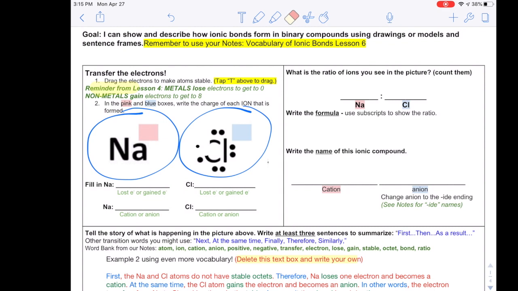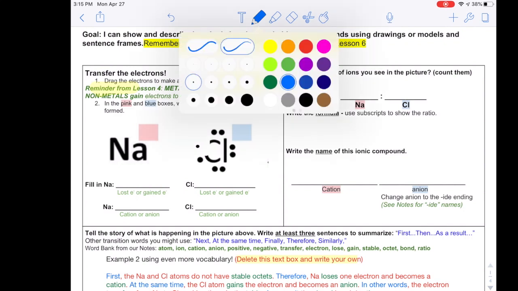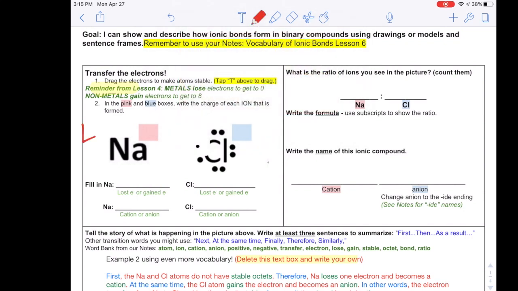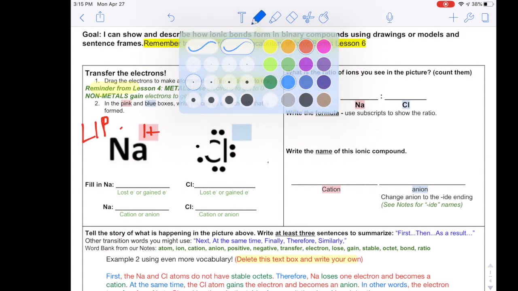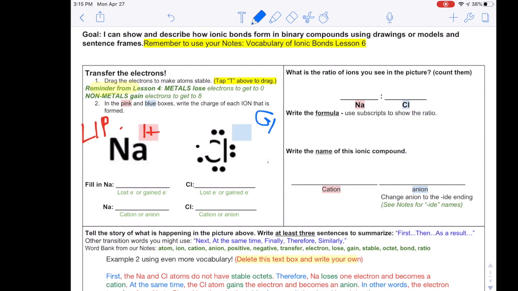So now, if sodium, Na, lost one, remember that losing is positive, LIP. Losing is positive. It lost 1, so it's a positive 1. And the chlorine, on the other hand, gained 1, and gaining is negative. That's kind of backwards from math, but it's gaining a negative electron, so it becomes -1.